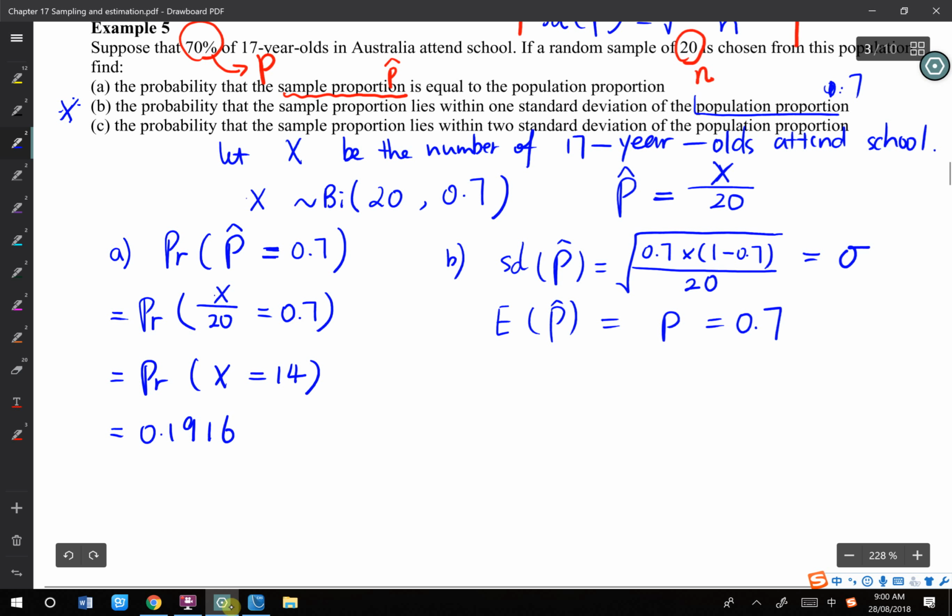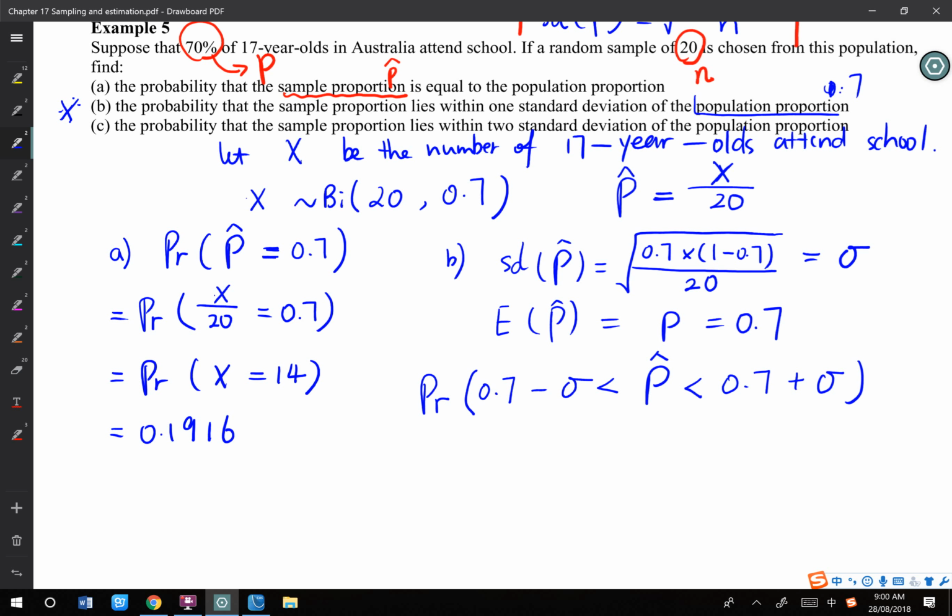So what I want is the probability that my sample proportion lies within one standard deviation of the population proportion. So 0.7 minus sigma to 0.7 plus sigma. From the mean, go left and go right for one standard deviation. You want your p hat to be in between that.